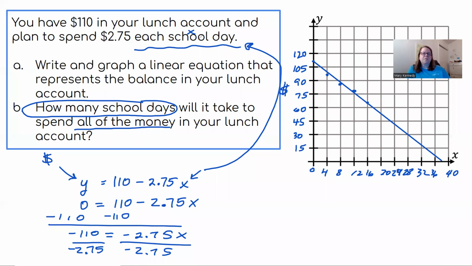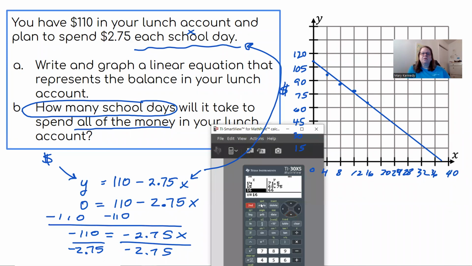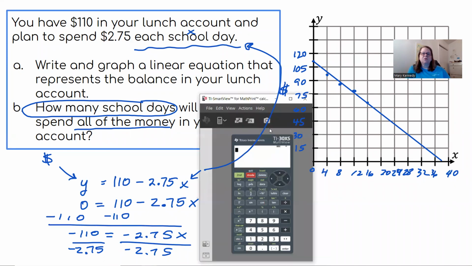All right, so let's bring in that handy dandy calculator. Let's go back to our regular screen. We're going to do negative 110 divided by negative 2.75. And it comes out nice and clean to 40, which is interesting.